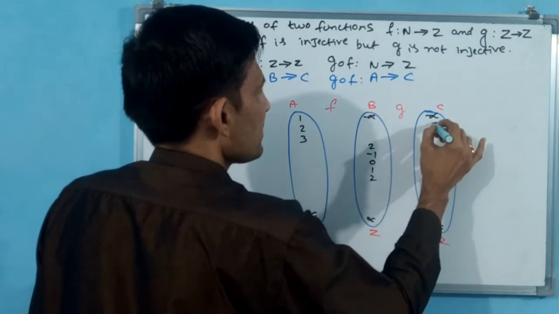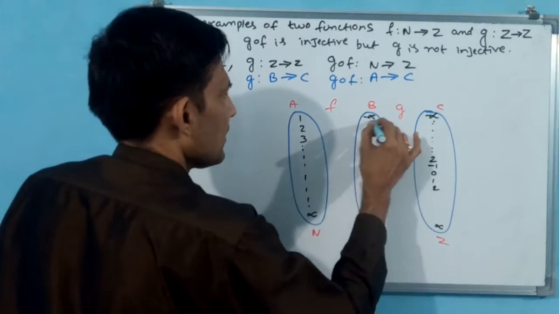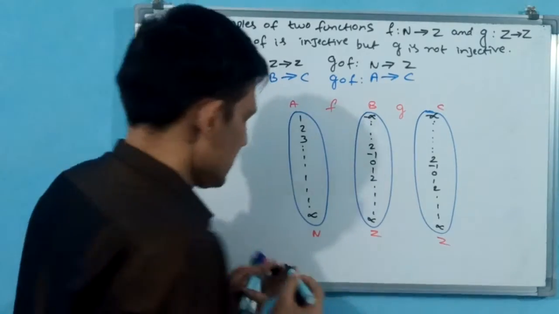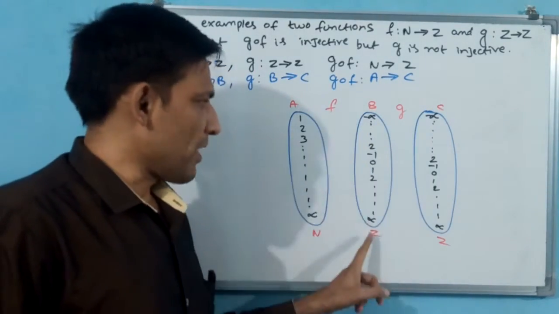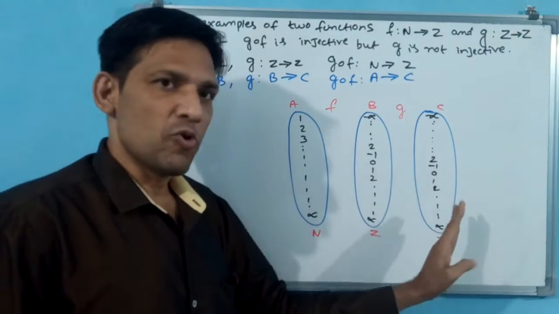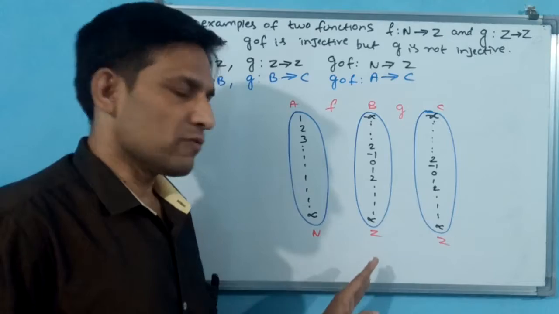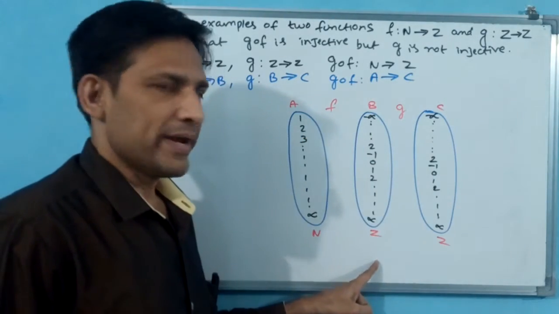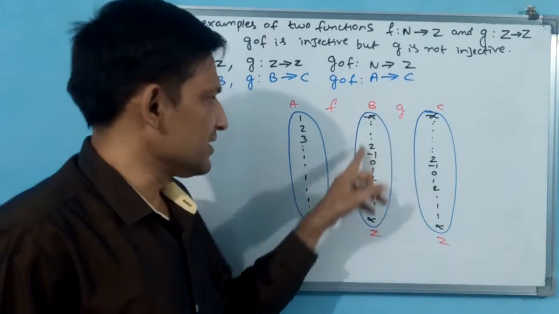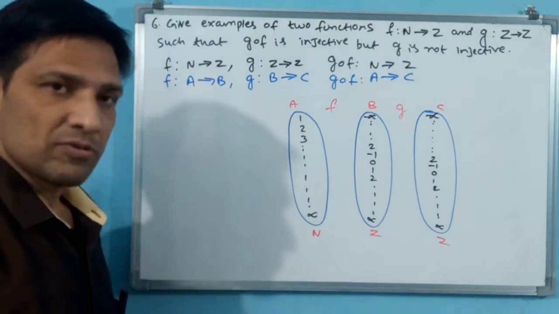See, remaining numbers are also there like this. This is domain, this is codomain. This is domain, this is codomain. This is acting like domain and codomain both. Why? Because for function f, this is codomain. For function g, this is domain. Now GOF we have to draw.